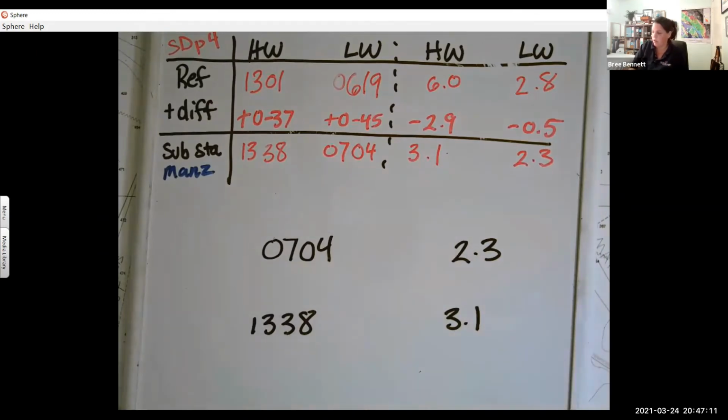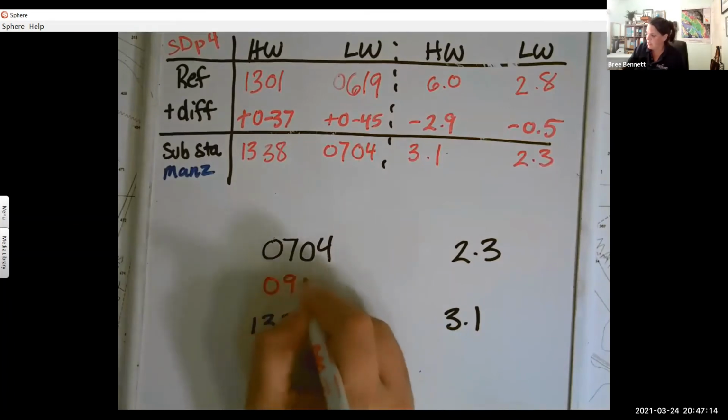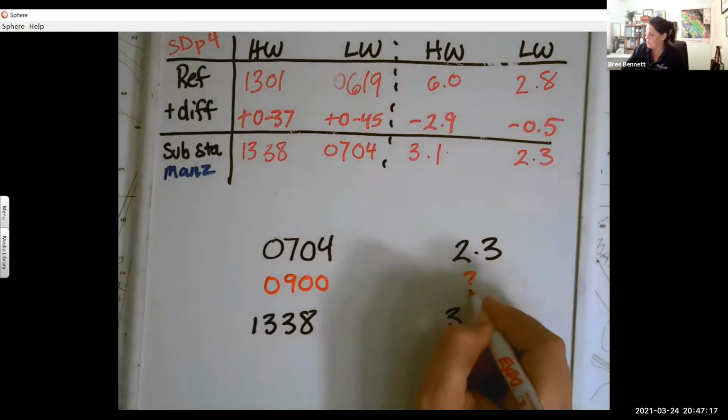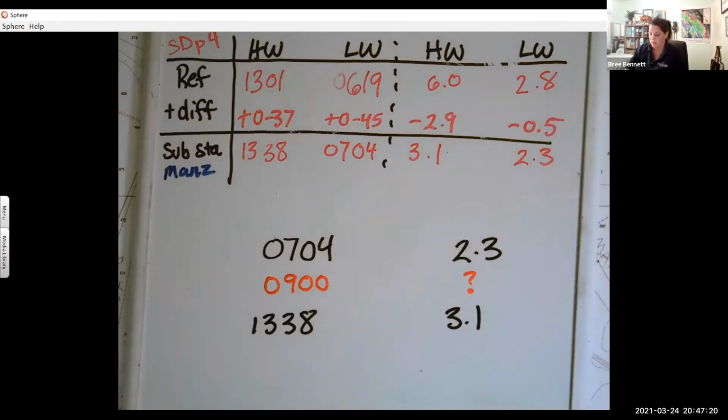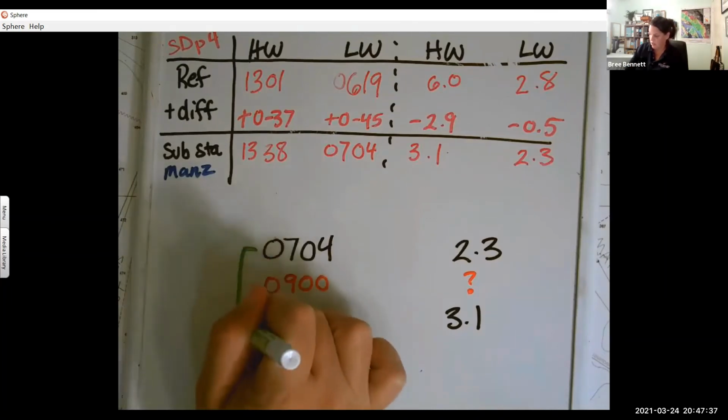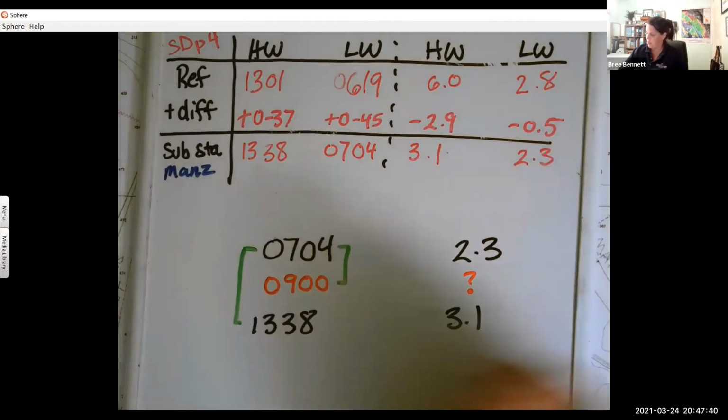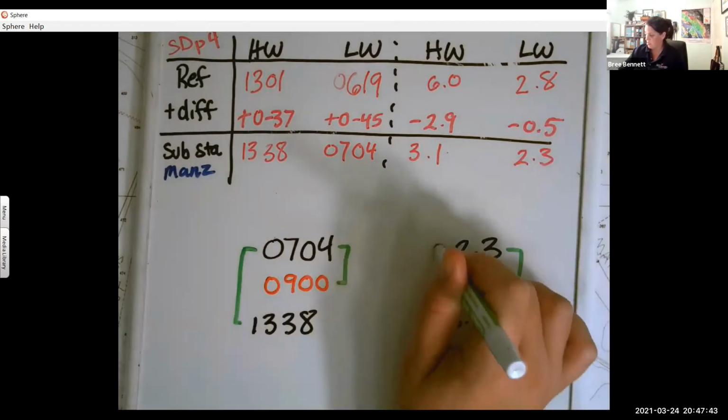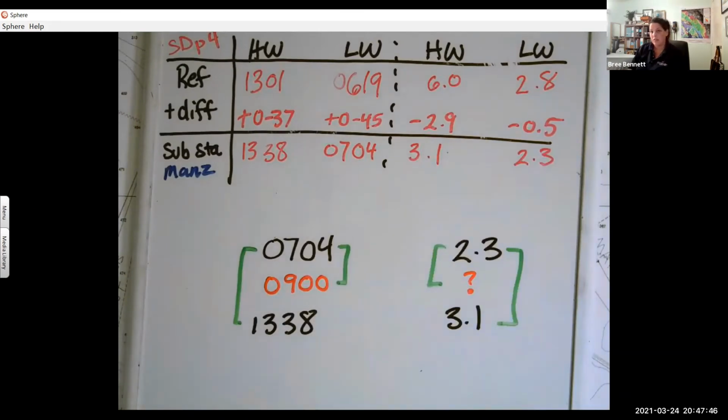And we are looking for what happened at 0900. So we want to find our numbers so we can go into our table 3.